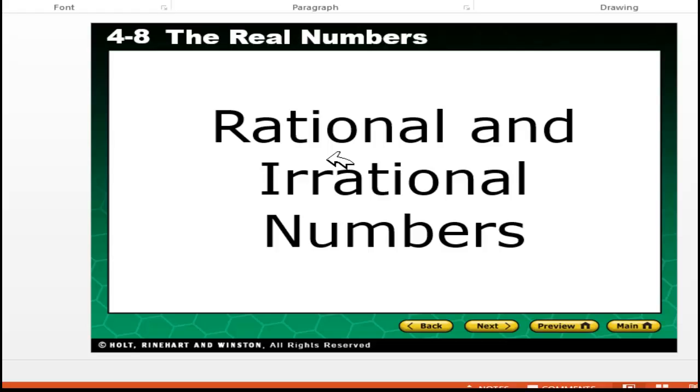But if you can't find the square root of a number, it will be an irrational number. I will tell you how to know that. Wait. So the second set we will talk about is the irrational numbers.